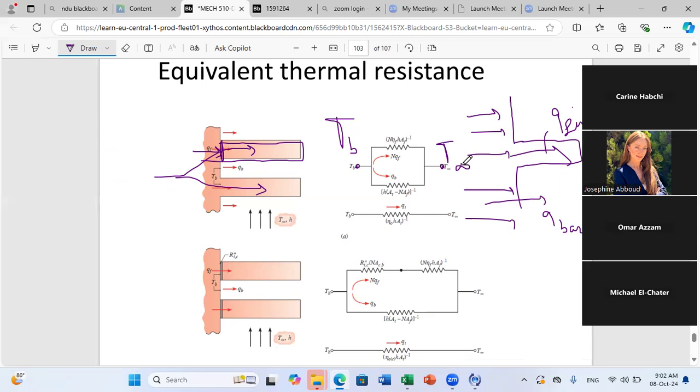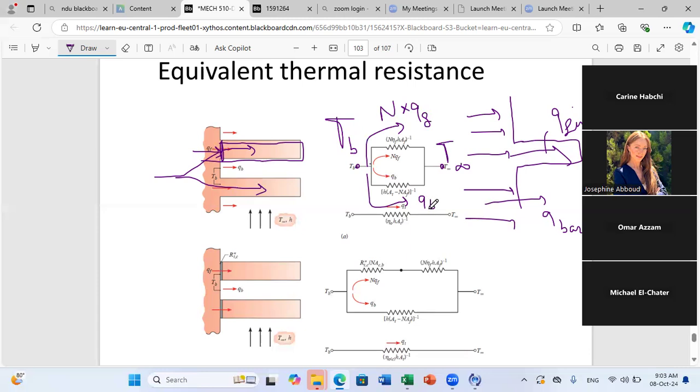A part will go through the fins. So let's say you have N fins. A part of the flux will go through the fins. If I have N fins, it's N times Q fin. And from the other side, you have the flux that will go through the base, Q base.